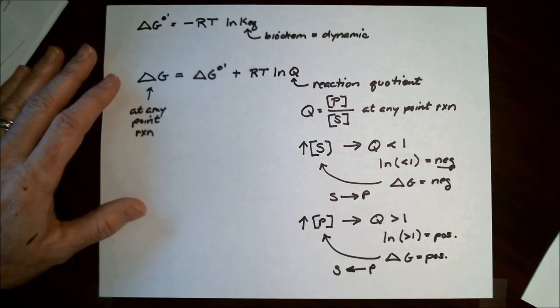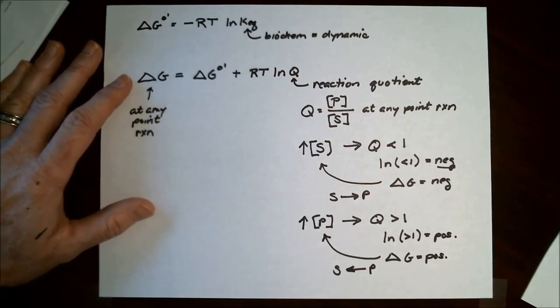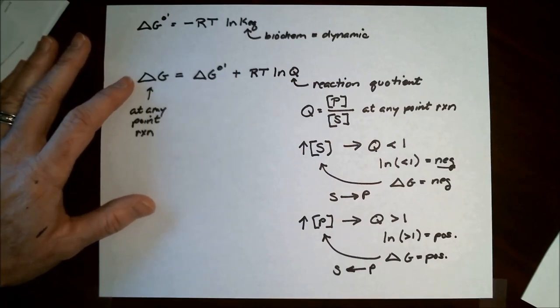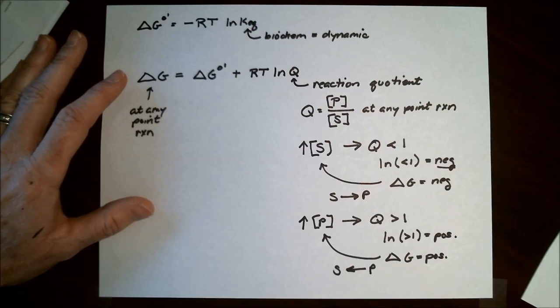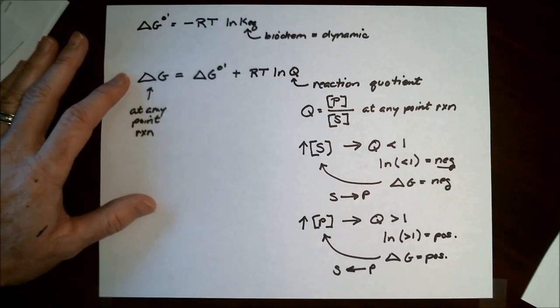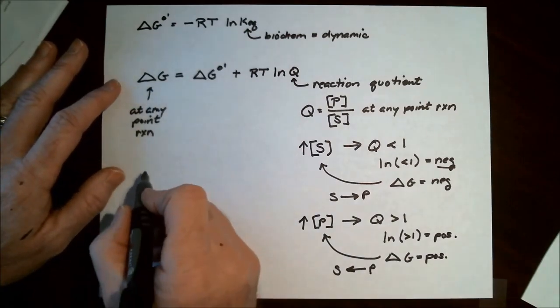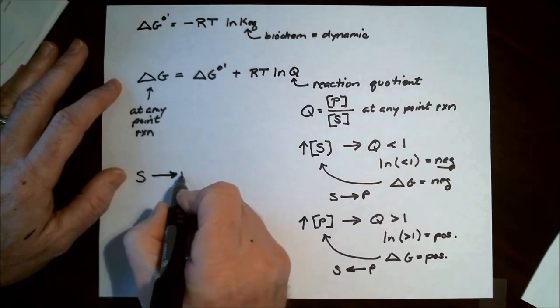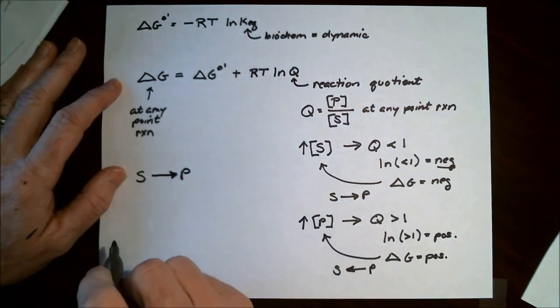So this is the most useful term to us in biochemistry, and we are going to be coming back to this free energy calculation at any point in a reaction very, very frequently, because in biochemistry we have situations where substrate can form product.